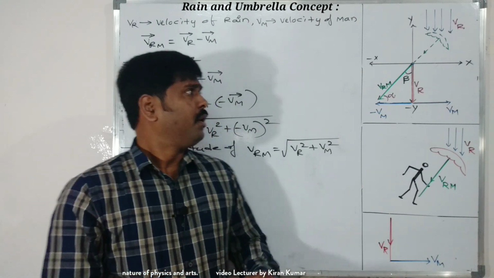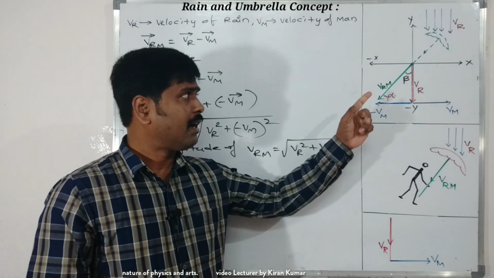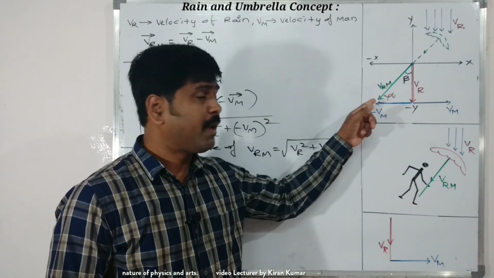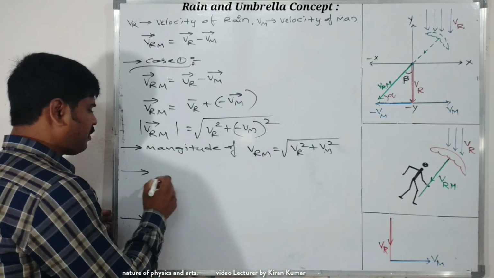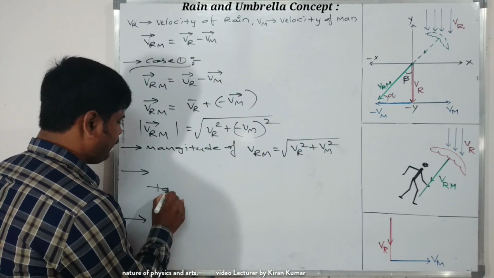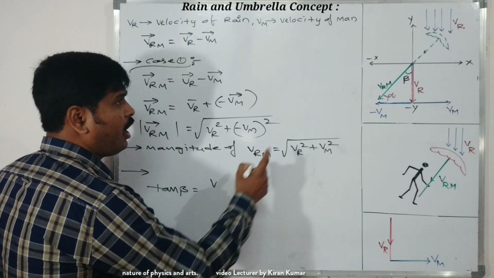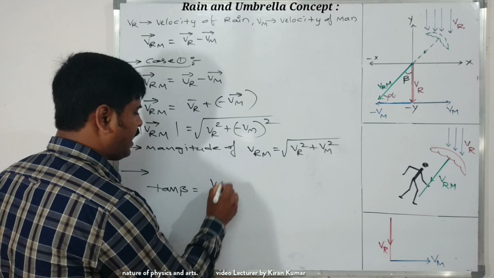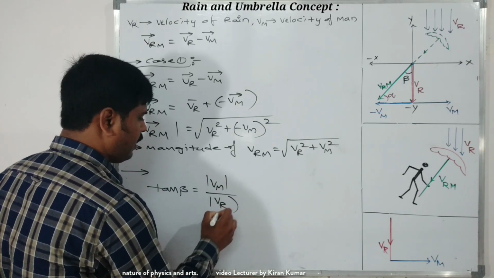And next, alpha and beta. What is beta? Beta is the angle made by the umbrella with the vertical. So tan beta is equal to opposite over adjacent, that is mod Vm divided by mod Vr.